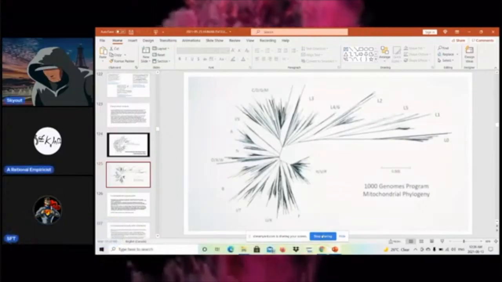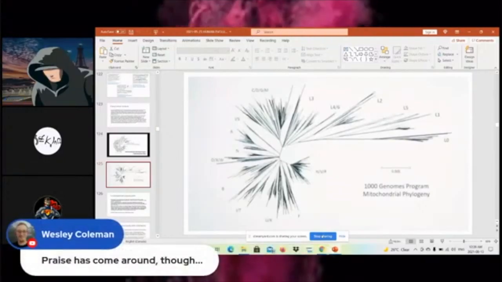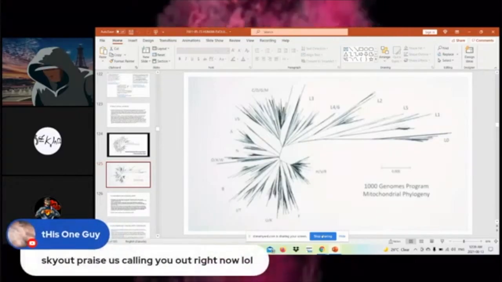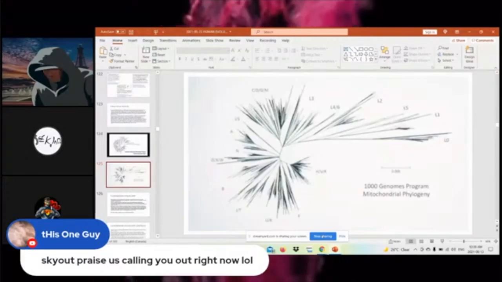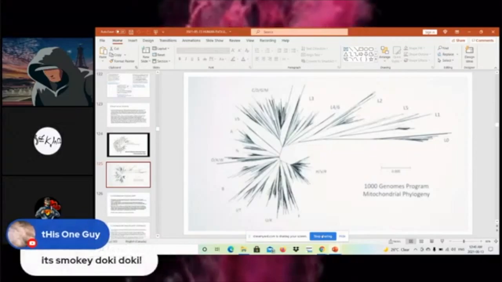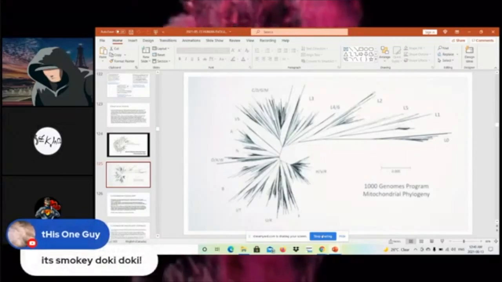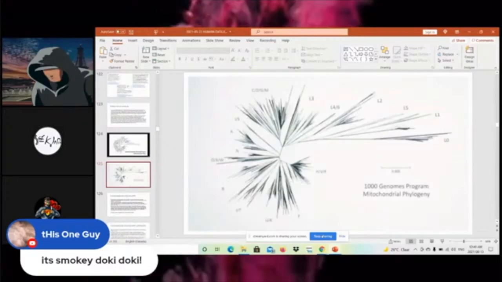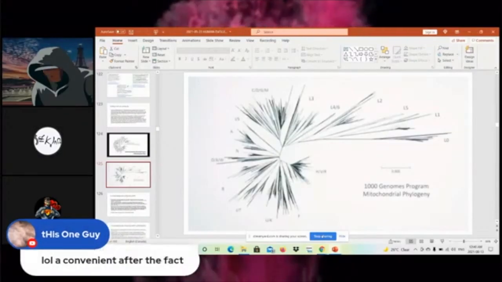What would be your best way of incorporating this into your model then, Andrew? Well, I guess at this point I would say that it might indicate a most recent common ancestor of these mitochondrial sequences, but it doesn't necessarily indicate the origin of them.